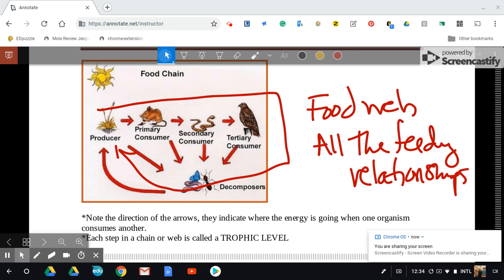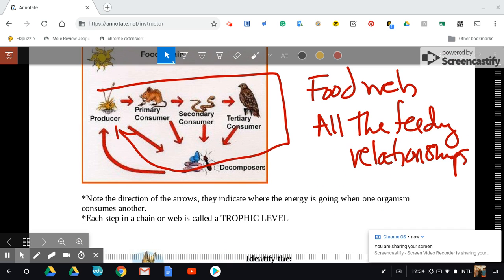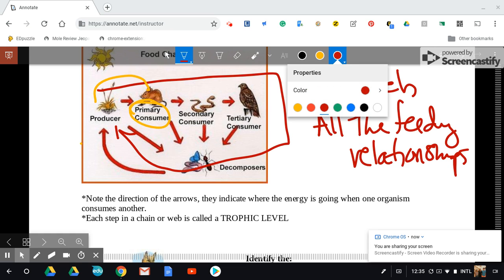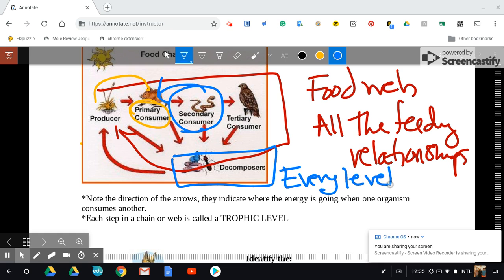And each of these steps are trophic levels. This primary consumer, that's its trophic level. It is going to eat from the producer. This secondary consumer, that's the next trophic level. It's going to eat off the primary. So each of these are stages or levels in the food chain. Remember that decomposers can be at every level because we all die. Everything is going to die.